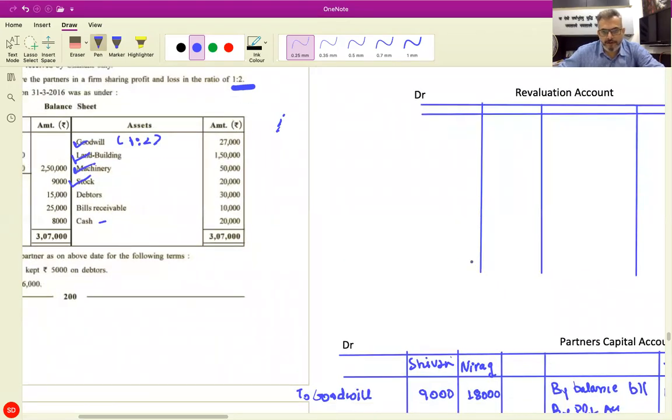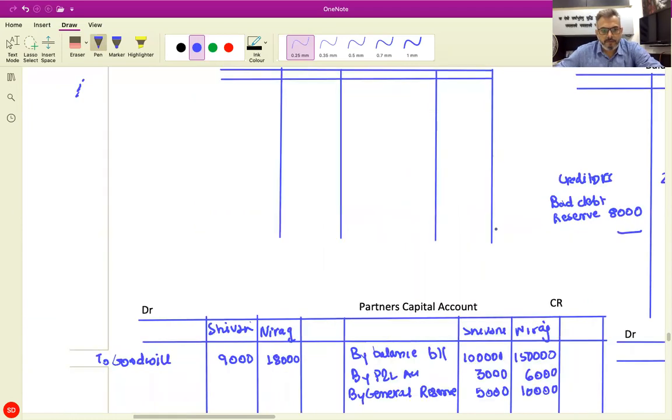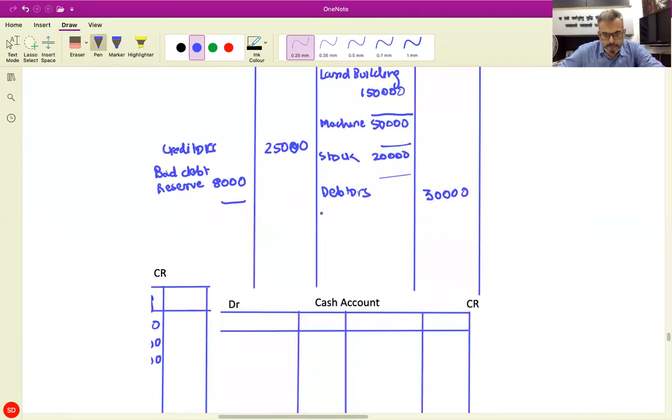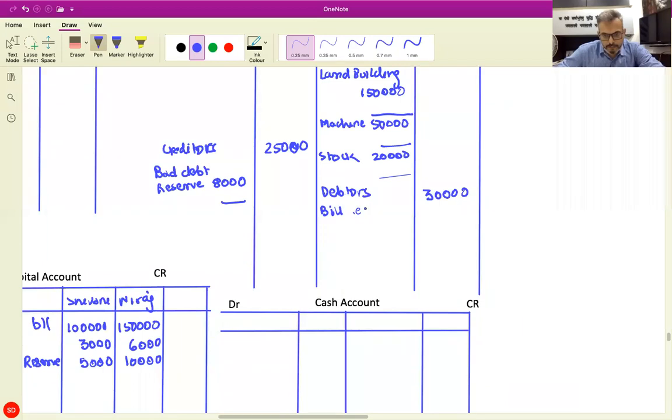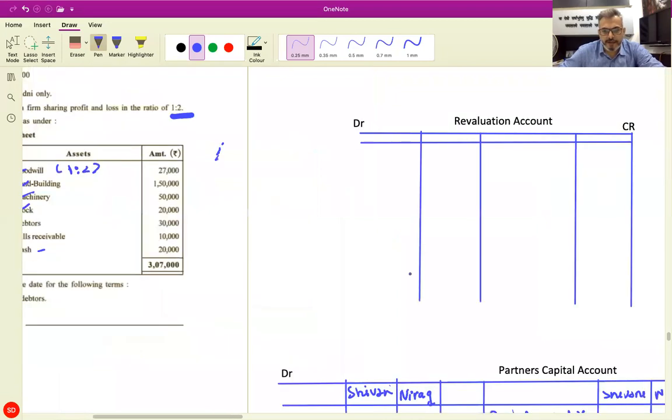Debtors outer column 30,000. Bill receivable 10,000. Cash 20,000. Cash account.